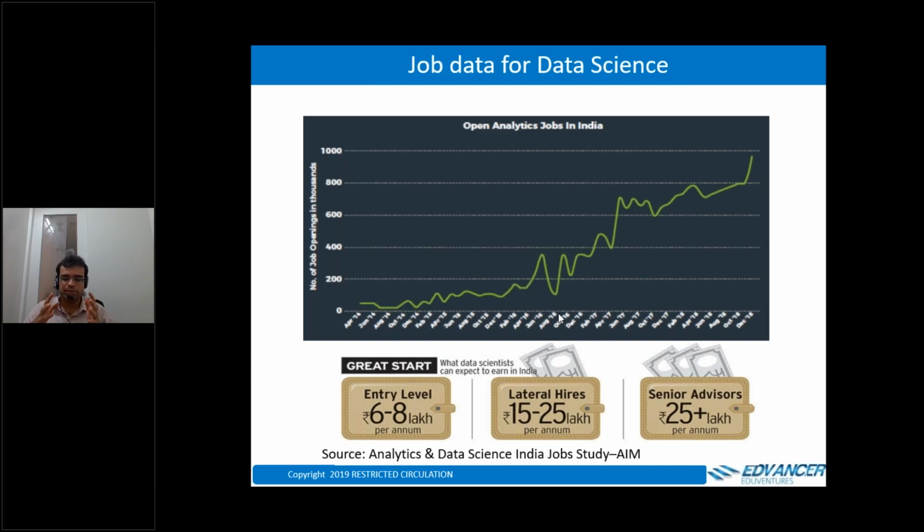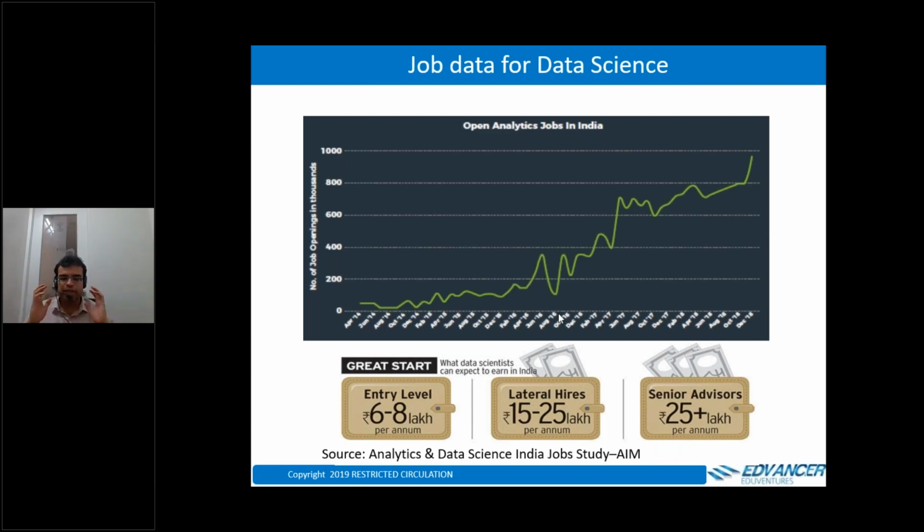Lateral hires, which are people with maybe 3 to 5 years of experience, are going to get 15 to 25 lakhs per annum, and senior advisors are going to get 25 plus lakhs per annum, which is 5 years and more of experience. So we know people with 5 6 years of experience earning 40 45 lakhs per year.